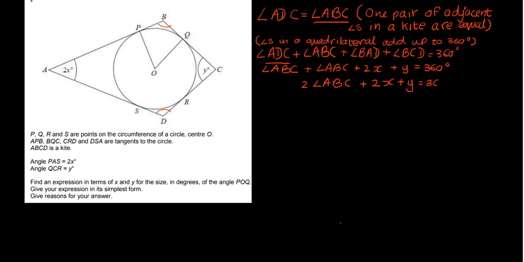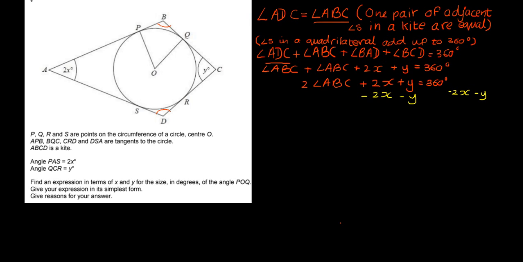Just to save on space, I'm going to subtract 2x on both sides, and then subtract y also on both sides because I want ABC on its own. I've done both of them together.